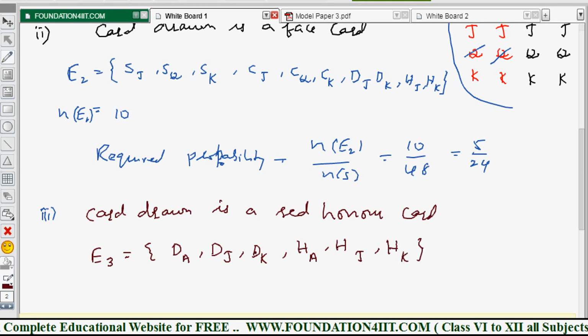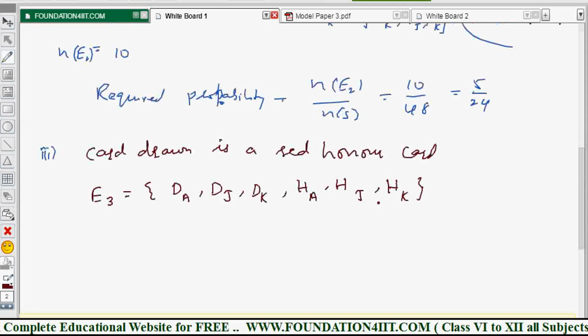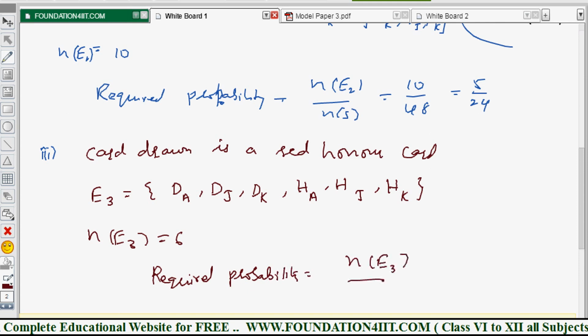Only diamonds and hearts, only red color, only A, J, K because queens are removed as per the question. So n of E3 is equal to 6. Then the required probability is n of E3 by n of S, that is 6 by 48. So same, 1 by 8.